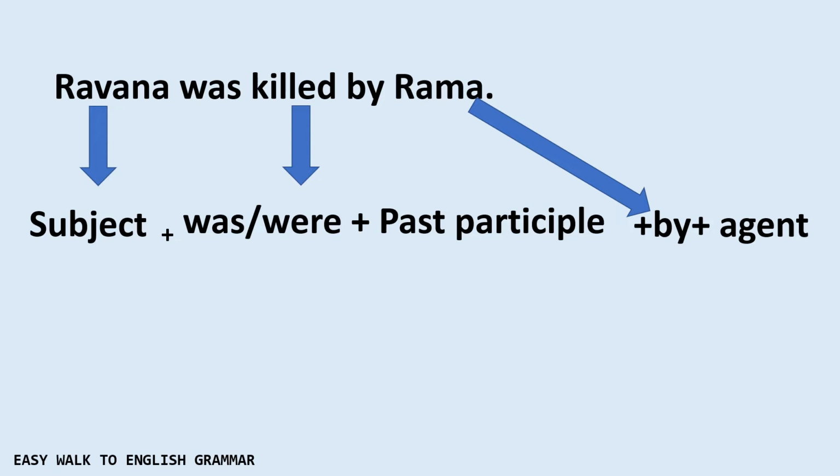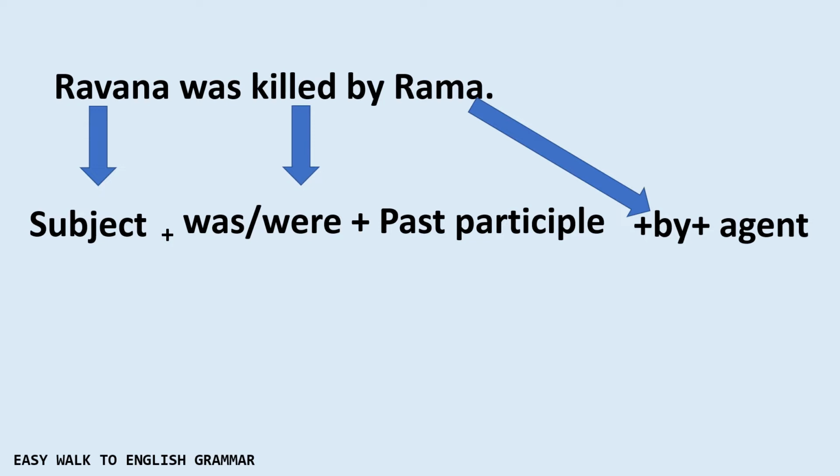Then who is the agent? The agent will be the subject of the previous sentence. In our example here, Rama was the subject of our previous sentence in the active voice, and he has become the agent. When he changes his position, we call him agent, not object.